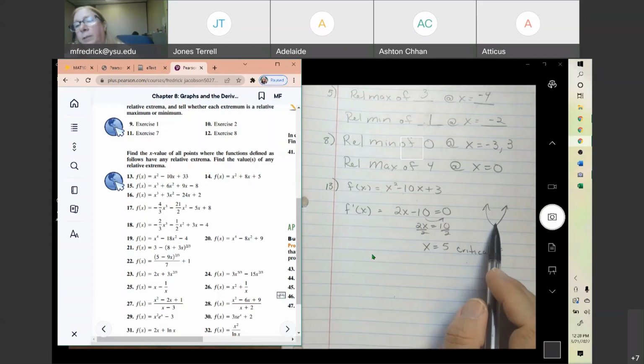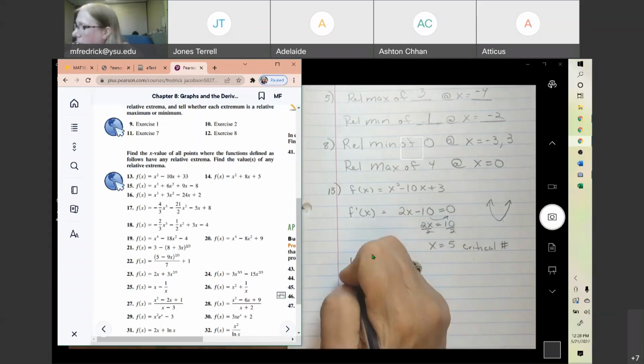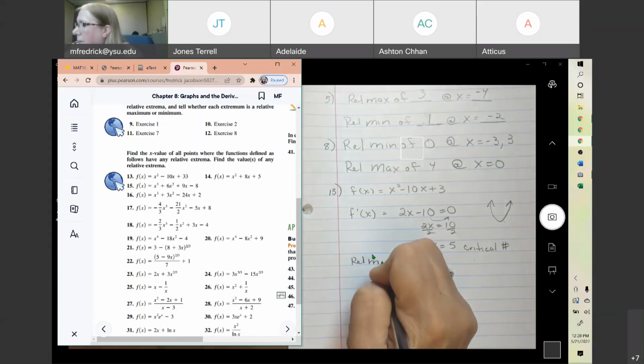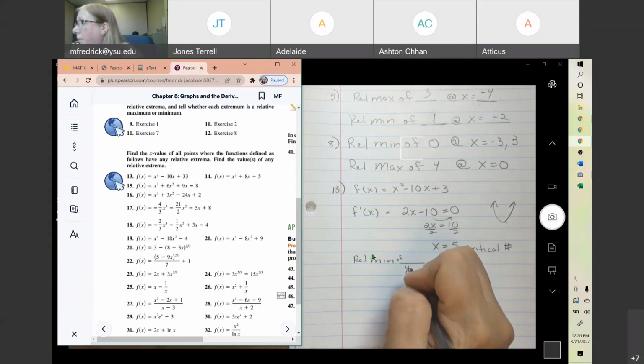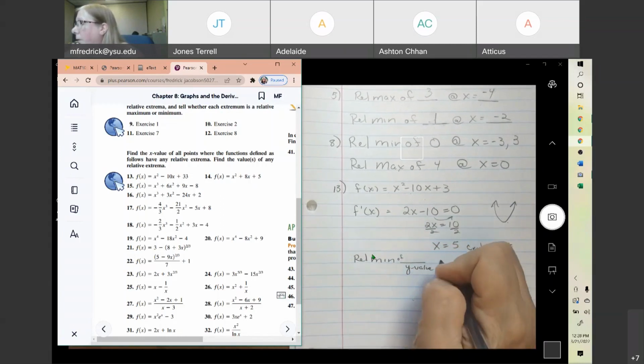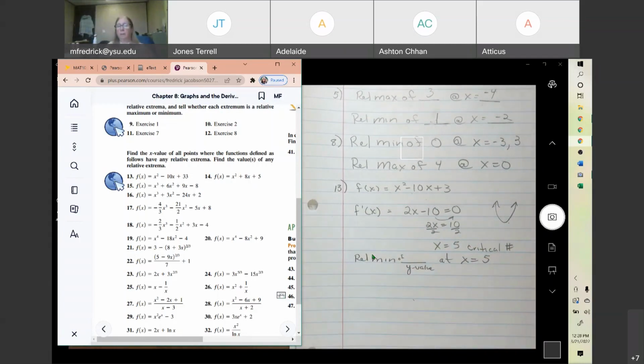A parabola going up, it's a minimum. So there's a relative min of, and then the y value, at x equals 5. So some of these you don't have to graph the equation if you know what they look like. Any questions on that part?